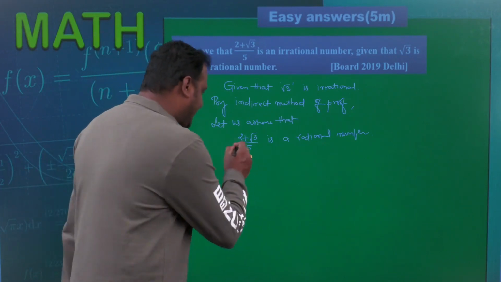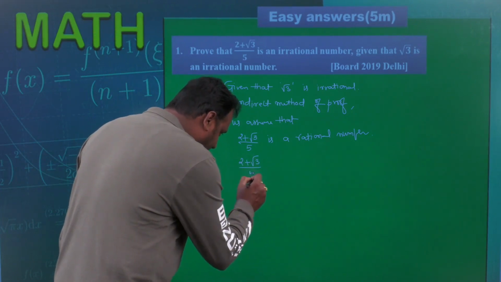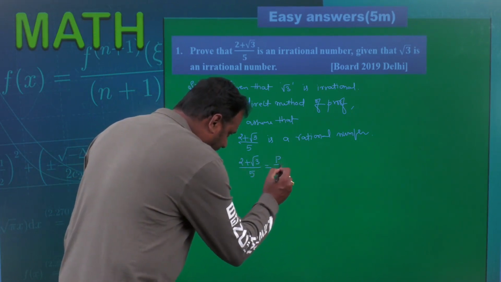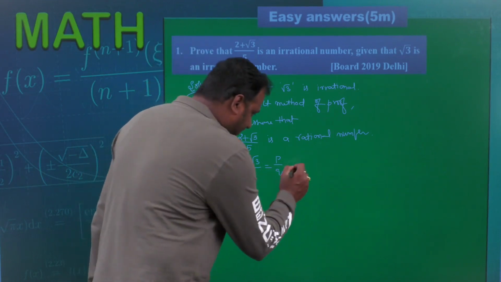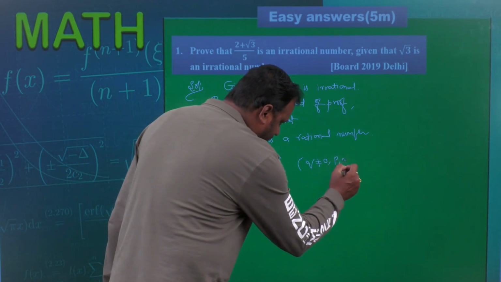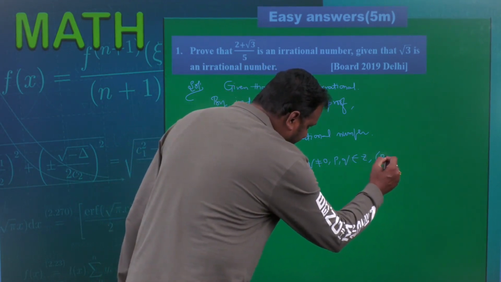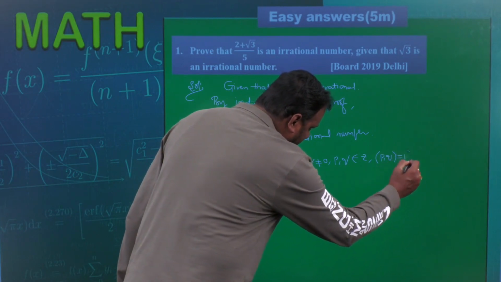So I am taking 2 plus root 3 divided by 5 is equal to P divided by Q. Here Q is not supposed to be 0, P and Q are integers, and HCF of P comma Q is equal to 1.